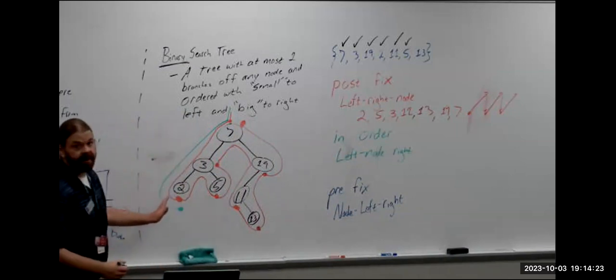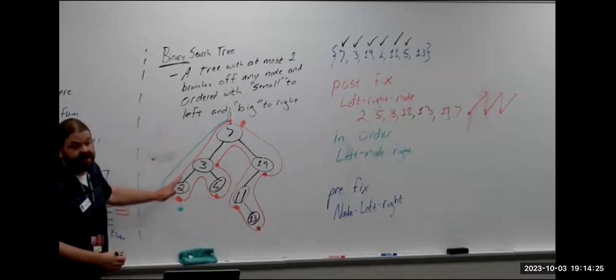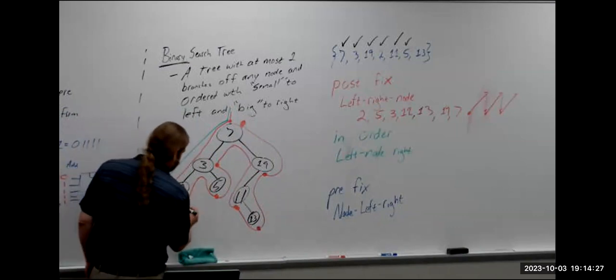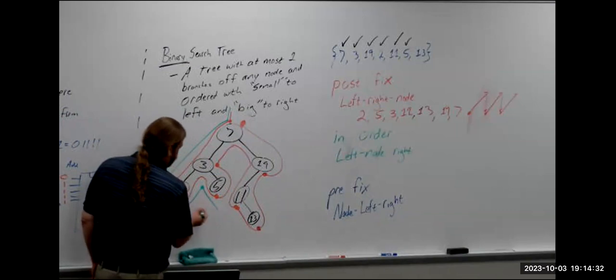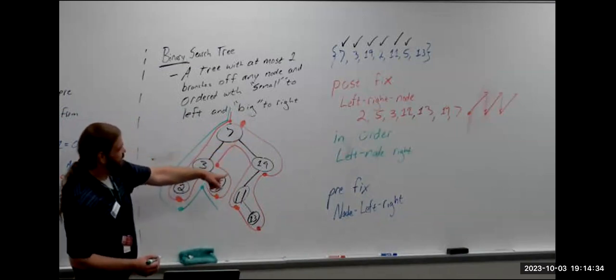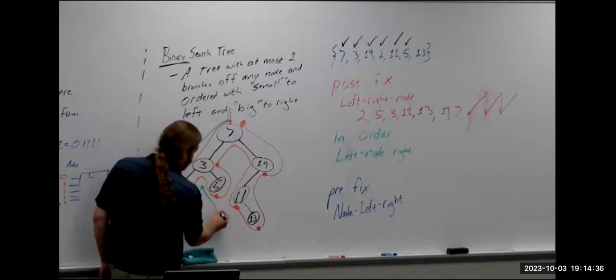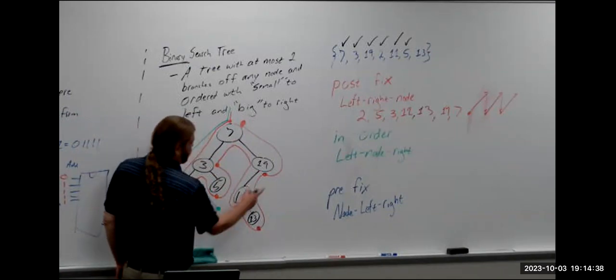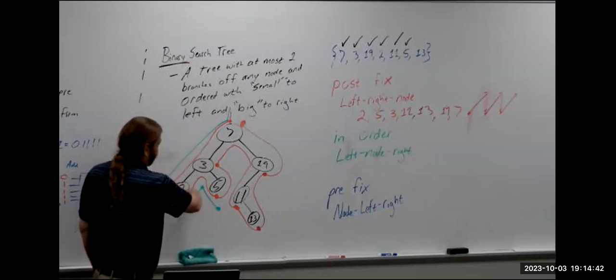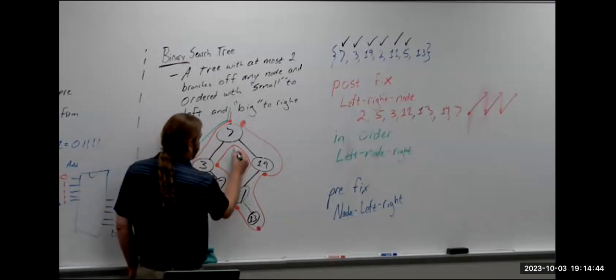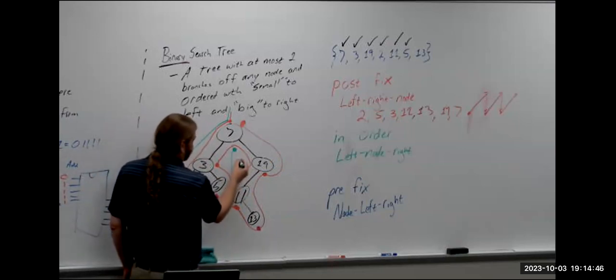We already went left, so now we need to go back and grab the node that we passed. We passed a 3. Left node, then we go to the right, grab that 5. That's as far left as we can go. That's our entire left branch. So when we go back and grab that node that we passed, 7.